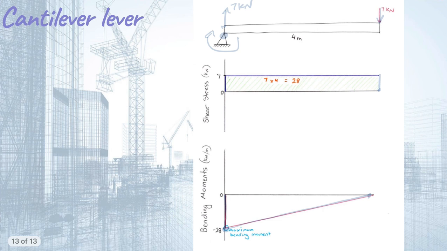Cantilever beams. This hasn't come up very frequently, but technically they could assess you on it. So cantilevers are a little bit different in that they will not start and end at the neutral axis. So we know that this will have a reaction of 7 kilonewtons up. This is 7 kilonewtons down.